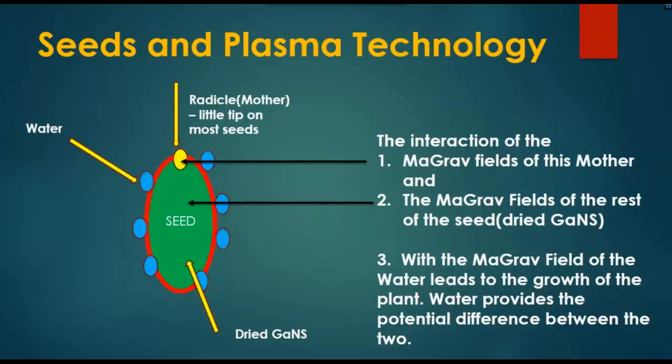So it's this interaction of the fields of that tip of the seed with the rest of the seed, which is your dried GANs. And now when we add water, it leads to that growth of the plant. So we get that interaction and flow of the fields between the two. It's only when that water is allowed into the seed that we get this interaction between those two, and we get the life.